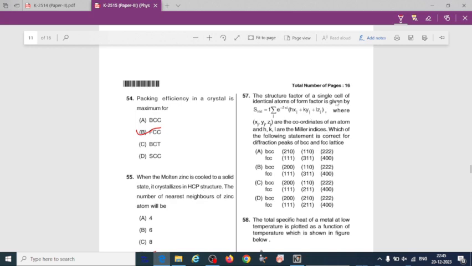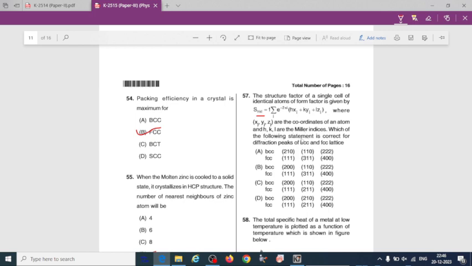The structure factor of a single cell of identical atoms of form factor f is given by S(hkl) equals the sum of f e to the power minus 2 pi i (h x_j + k y_j + l z_j), where x_j, y_j, z_j are the coordinates of an atom, and hkl are Miller indices.